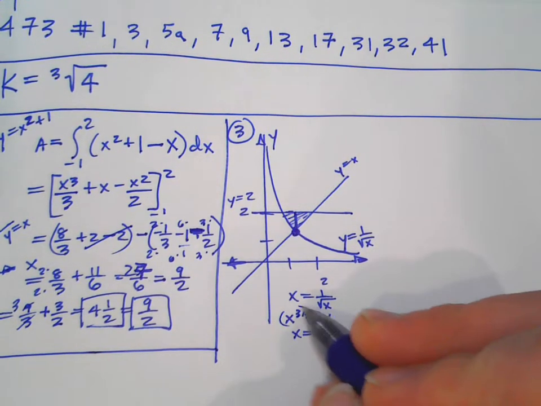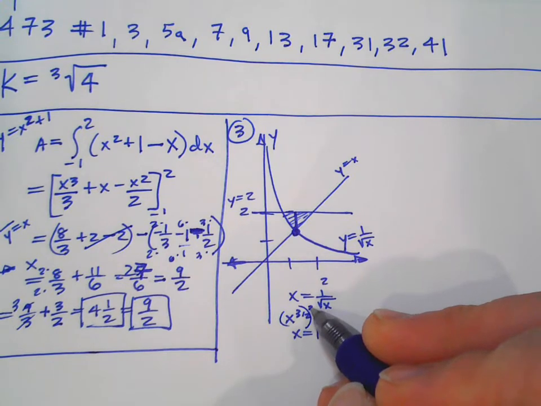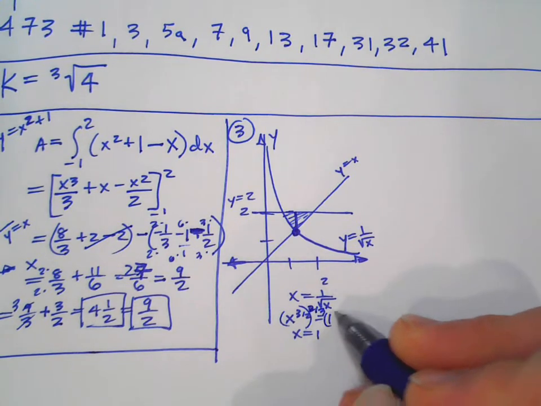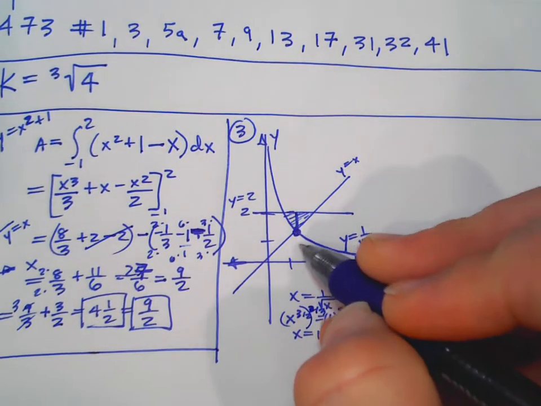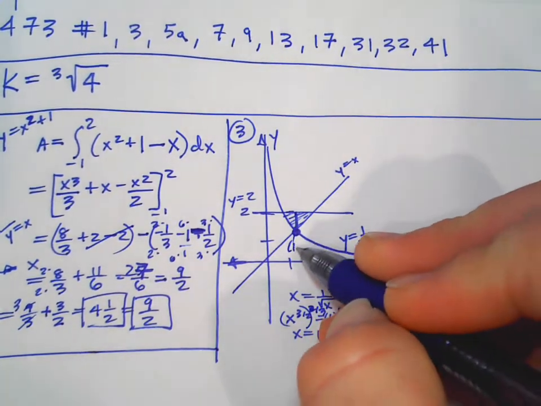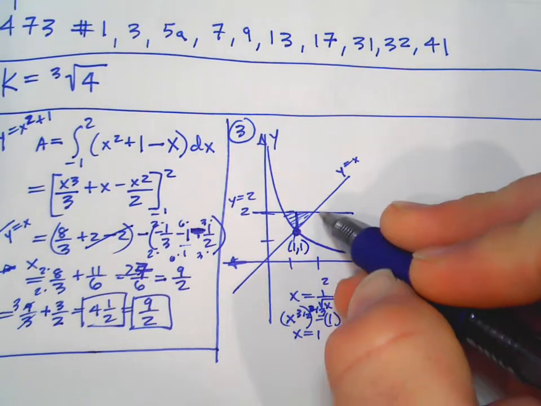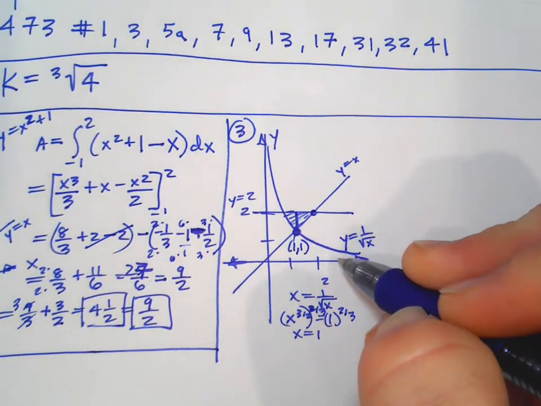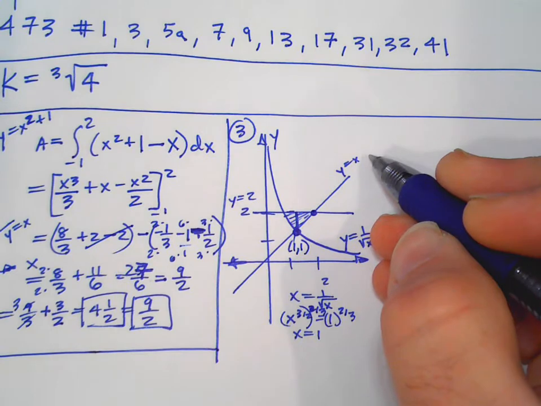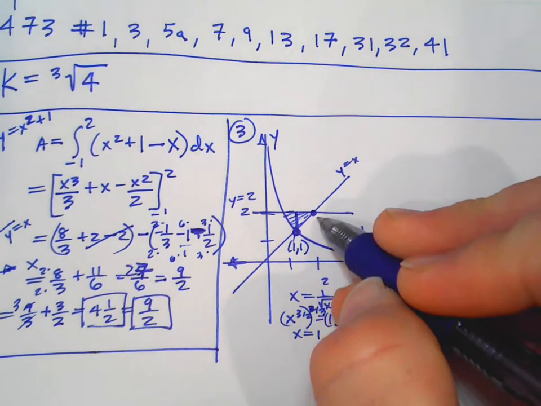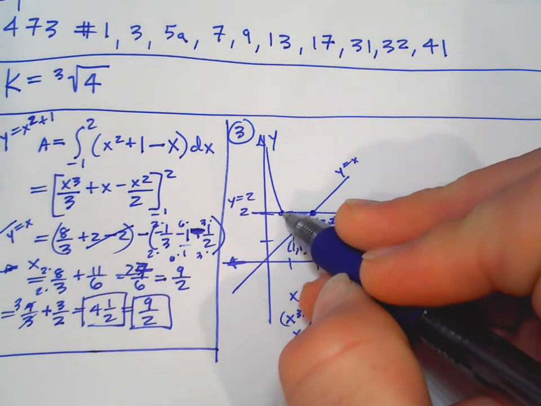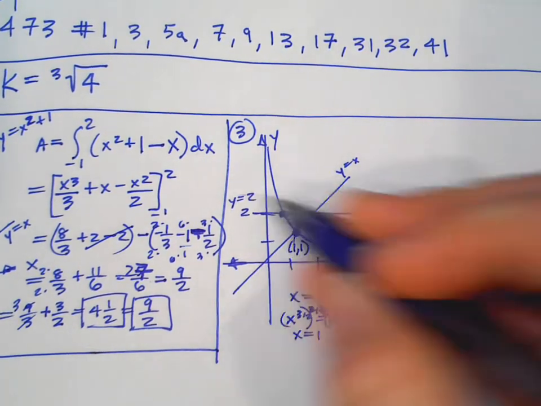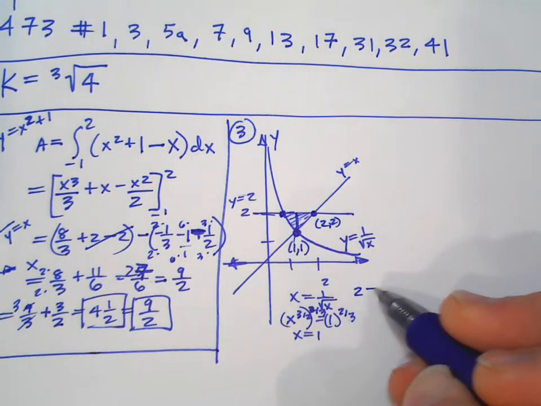You're raising both sides, no, it wouldn't be plus or minus. You're raising both sides to the 2/3 power. It's an odd root. So x equals 1. And if you plug 1 in either one, it's 1, 1. This intersection is when y equals 2. So x equals 2. And for this one, these two intersect, so we should set this equal to each other.